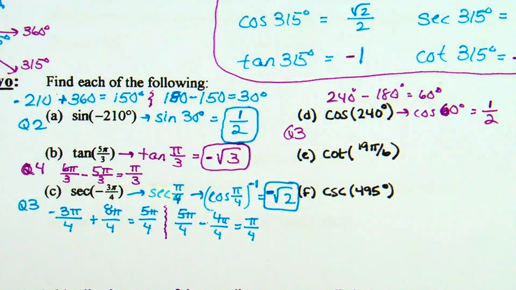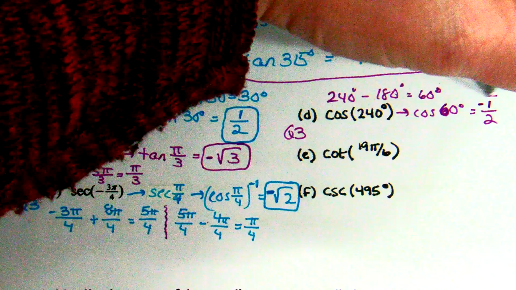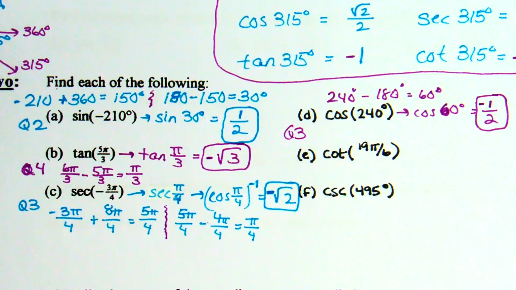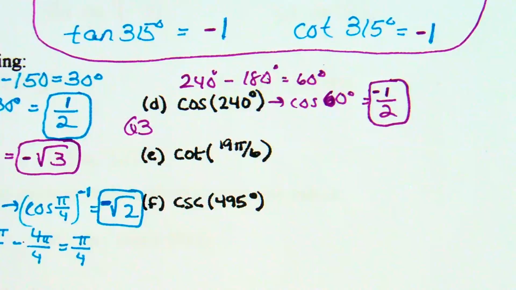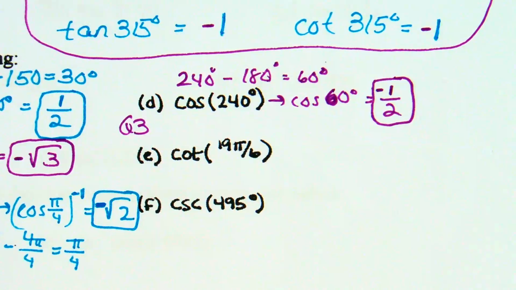So you've got your tangents positive, everybody else negative. Okay, cotangent of 19 pi over 6. What can you think about 19 pi over 6?